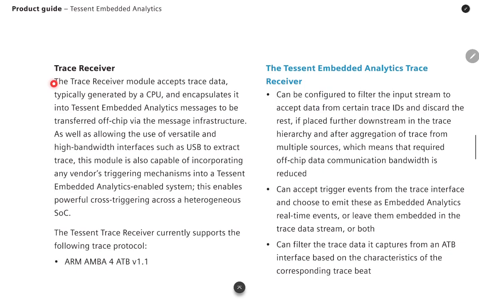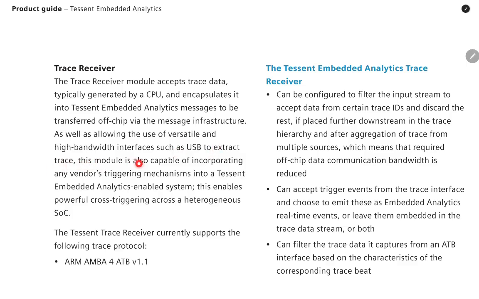The trace receiver. The trace receiver module accepts trace data typically generated by a CPU and encapsulated into Tessent Embedded Analytics messages to be transferred off chip via the message infrastructure, as well as allowing the use of versatile and high-bandwidth interfaces such as USB to extract trace.